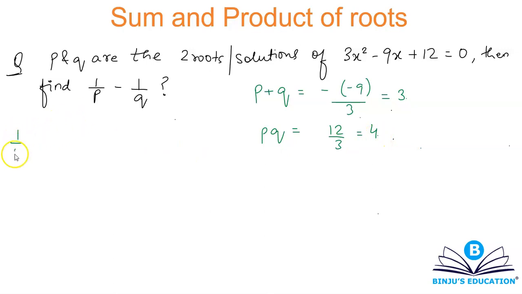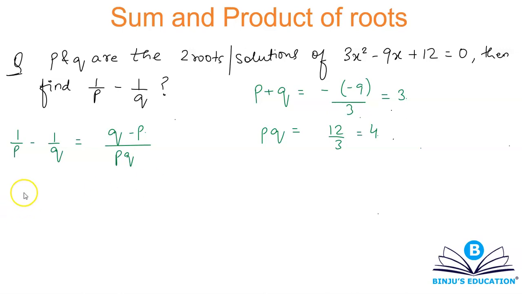So when you talk about 1 by P minus 1 by Q, you can take the LCM, which is PQ, and this will become Q minus P. Now PQ I have, but I don't have Q minus P. The only thing that I have is P plus Q. So how can I figure out Q minus P? I just need to know a couple of algebraic formulas for this.